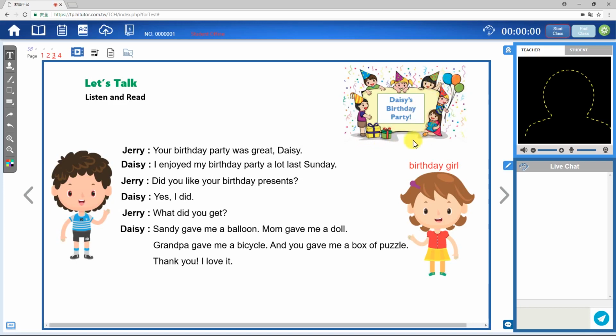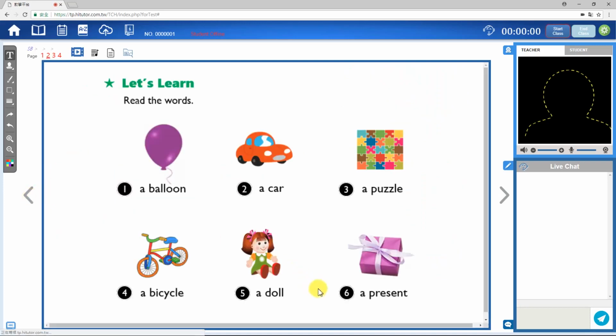Let's make a guess. Did Daisy get presents on her birthday? What do you think? Yes? What did she get? What about we choose from here? What did she get? A bicycle? A puzzle? Alright, let's find out together.